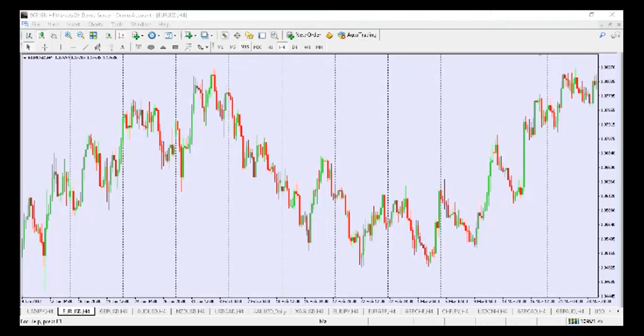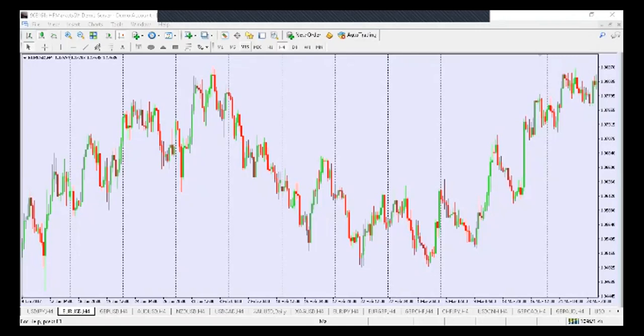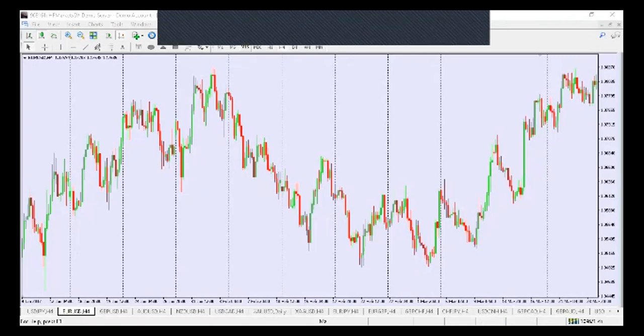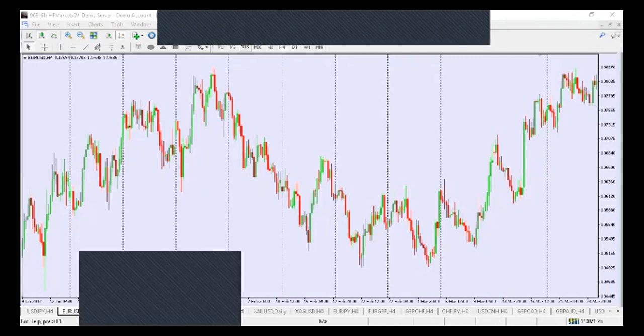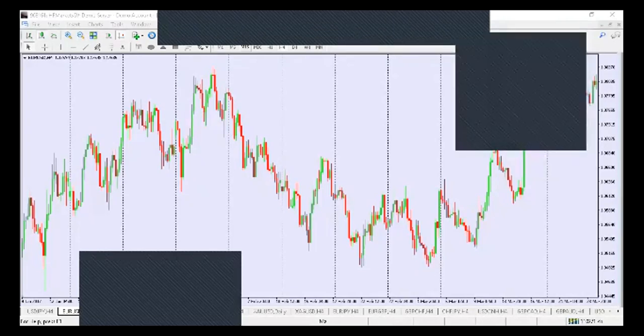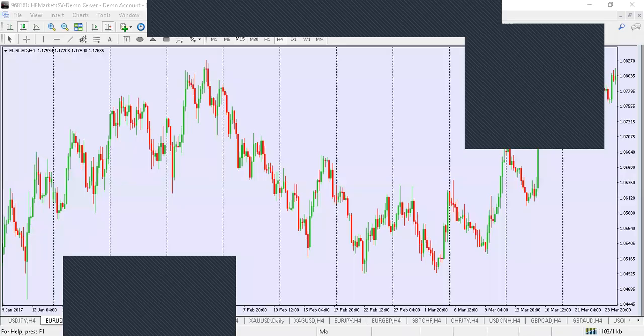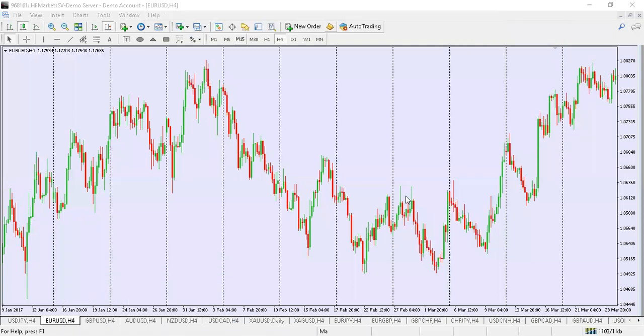Is it clear now? It's still blurry. Let me return it to the previous settings. What about now? Yeah, it's back to the default settings. It's okay now.